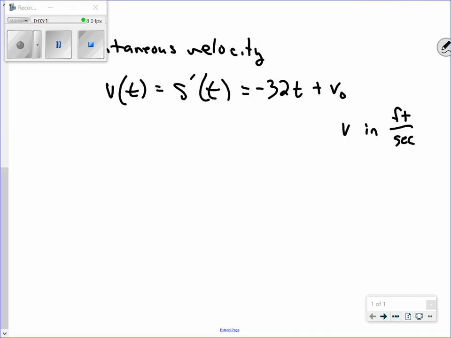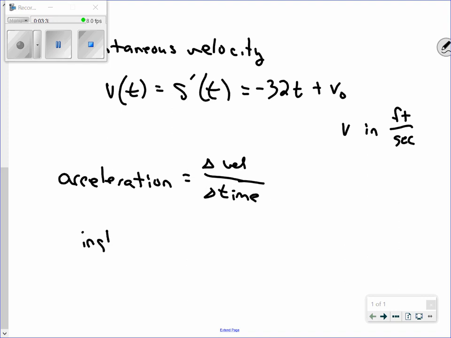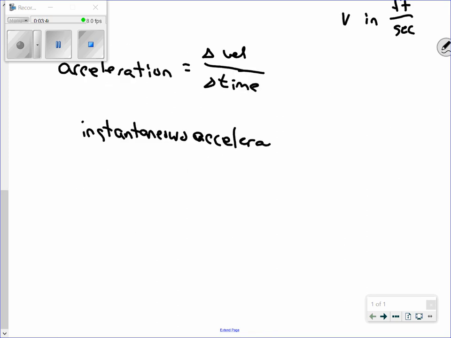The third piece of information is acceleration. Acceleration is how velocity changes, the change in velocity over the change in time. If you just take those actual changes, you're going to have an average, but I want to look at the instantaneous acceleration.